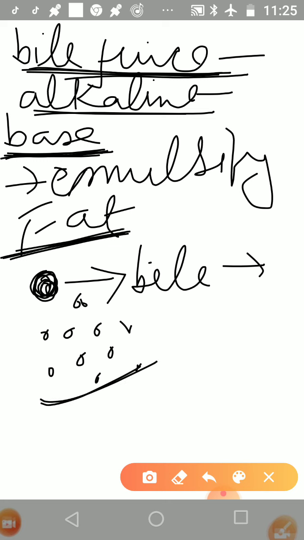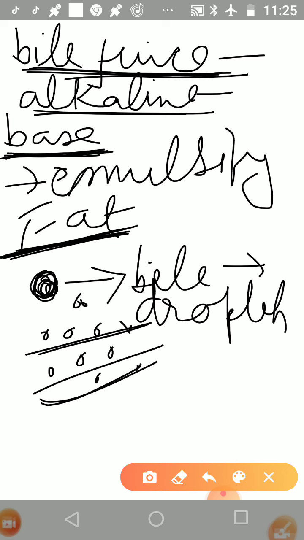So bile juice basically acts on fat, solid fat actually, and that fat is emulsified into droplets of fat, not water, droplets of fat. So this is the basic function of bile juice.